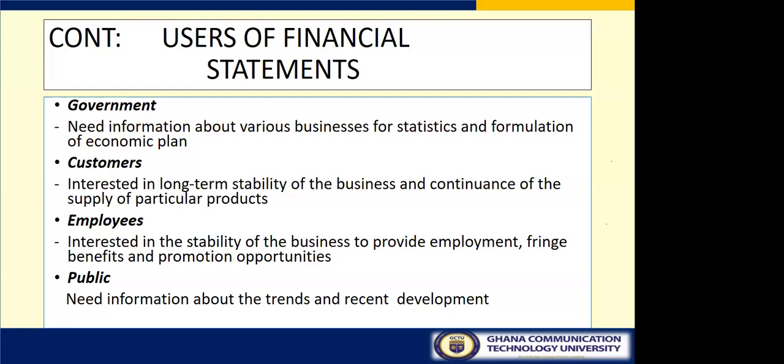Customers are also interested in the long-term stability of the business and continuance of the supply of a particular product. So let's say, for example, before you were admitted as a student, you were an applicant, right? So you did your background check.